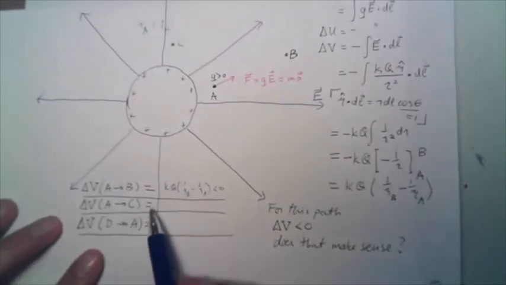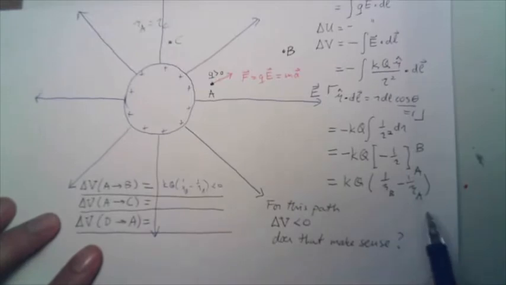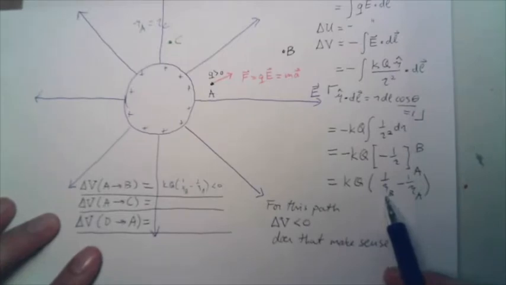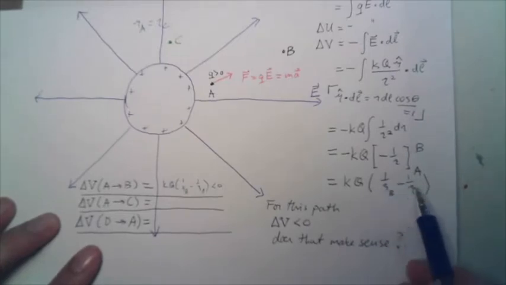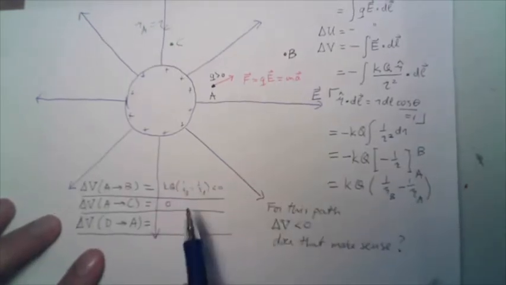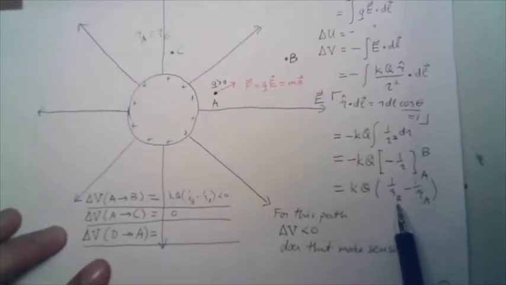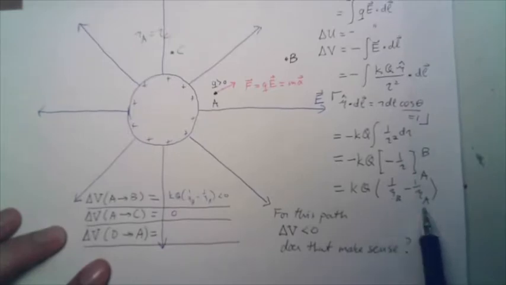Okay. If we go from A to C, so then I replace my point B with a point C, then in this expression, we get this R of C. And I said that R of A is equal to R of C. So these two factors are exactly the same. So it comes out to 0. Now, if we go from D to A, we need to swap the A and the B and then make that a D. So it becomes A here and then D there.